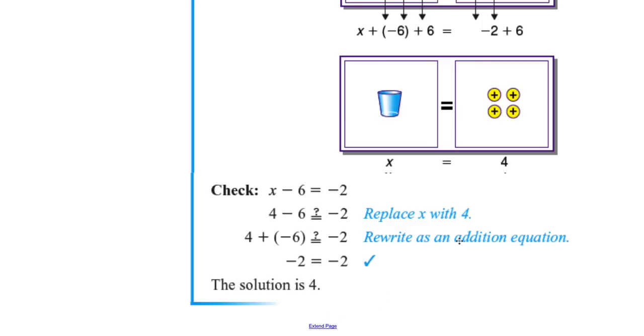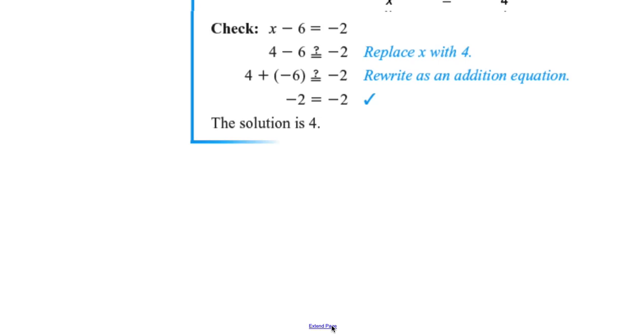Okay? And let me show you another way of doing this. Let's go back to the same example. Without using counters, if you have x minus 6 is equal to negative 2, another way of looking at this is we want to undo negative 6, because if we make it into an addition sentence, this is x plus negative 6 is equal to negative 2.